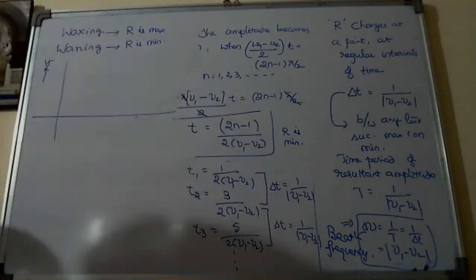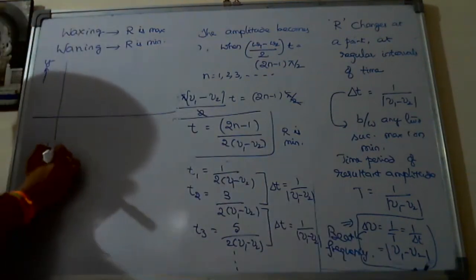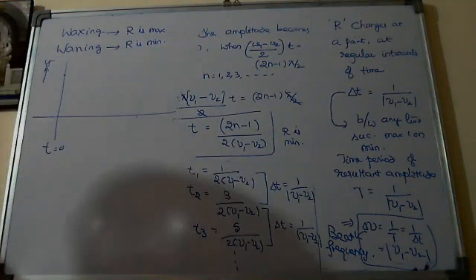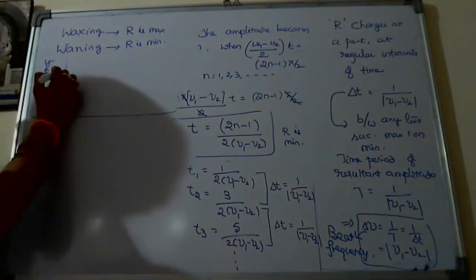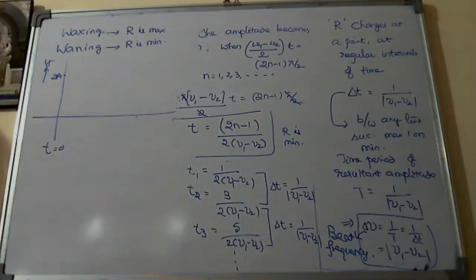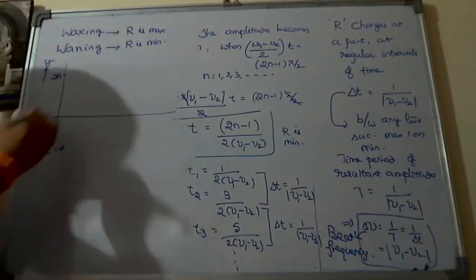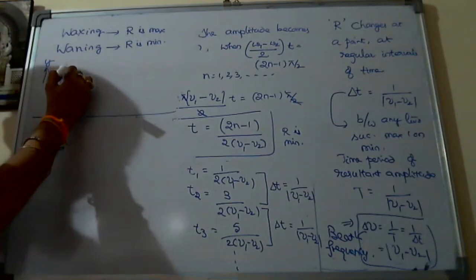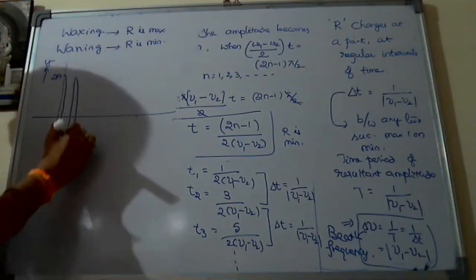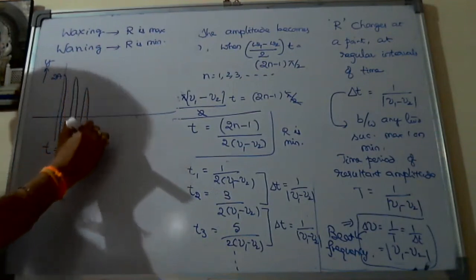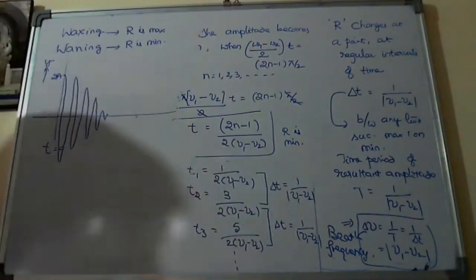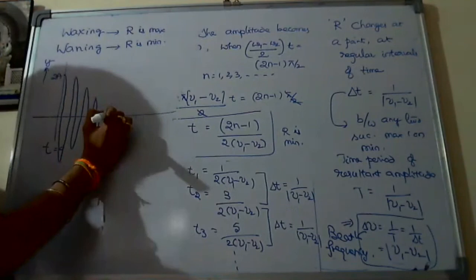As I already told, at t equals 0 it becomes maximum, which means plus or minus 2. From there it becomes maximum and minimum like this at regular intervals of time, meaning the resultant amplitude decreases and again increases.